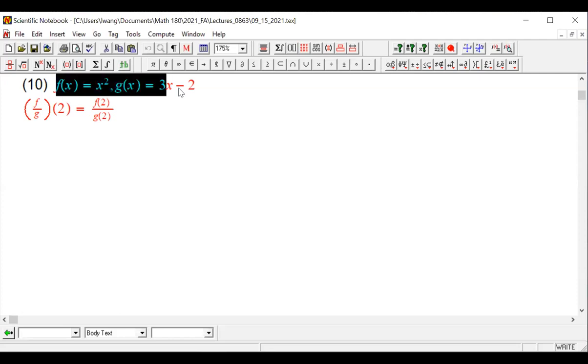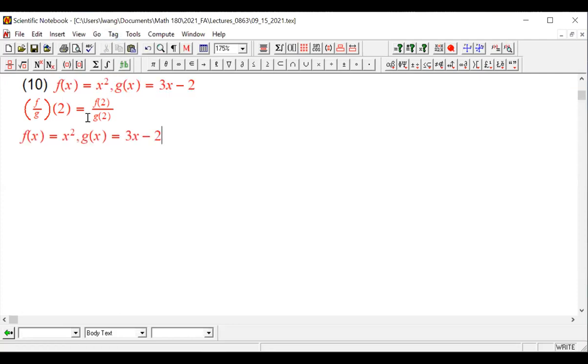So you're going to find F of 2 and G of 2. F of 2 would be replacing the input by 2, so 2 squared, which is 4. And G of 2, you replace the input by 2, and that's 4. Or you can just do that directly here.